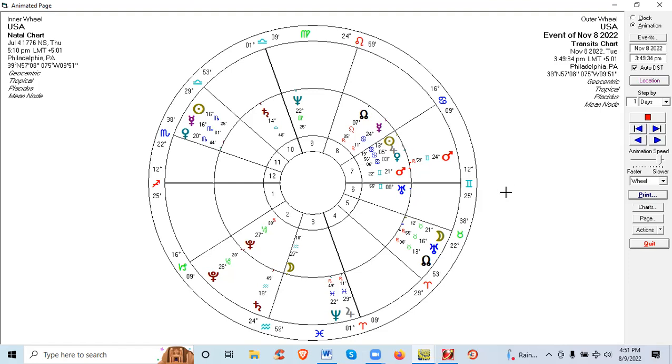Okay, if we're good. All right, so what do we see? The first thing I see, my red always catches my eye, is Mars going over the United States Mars. It's retrograde, so it's coming back. And I actually looked to see when it first went over it, and I believe it was October 4th, so about a month before this.